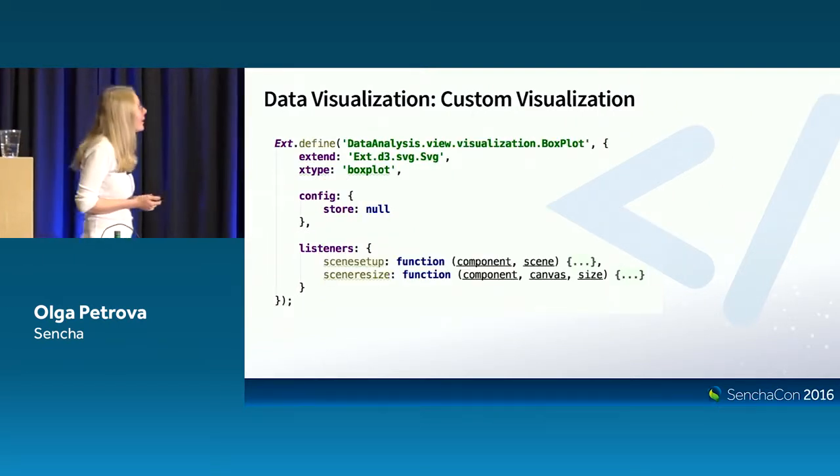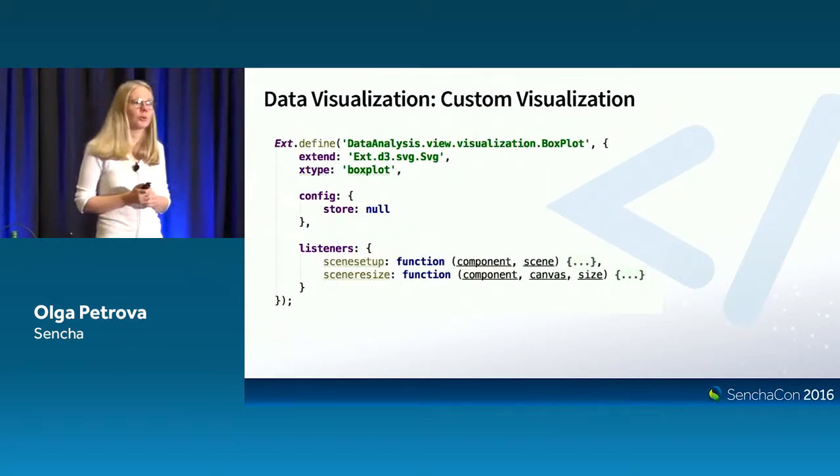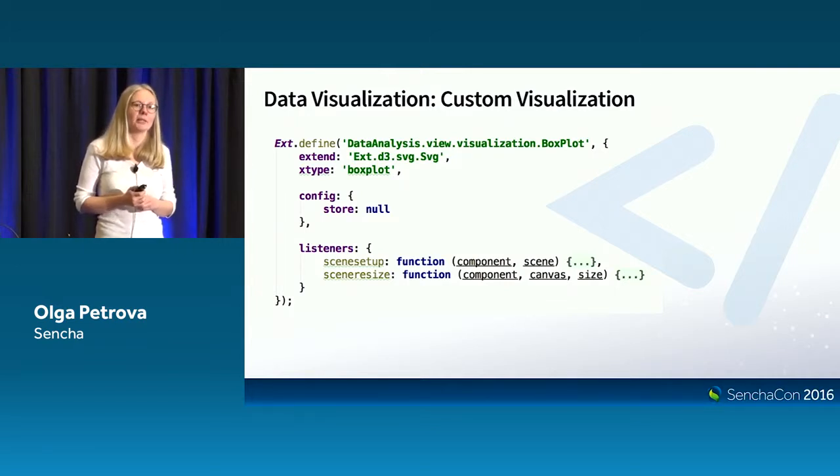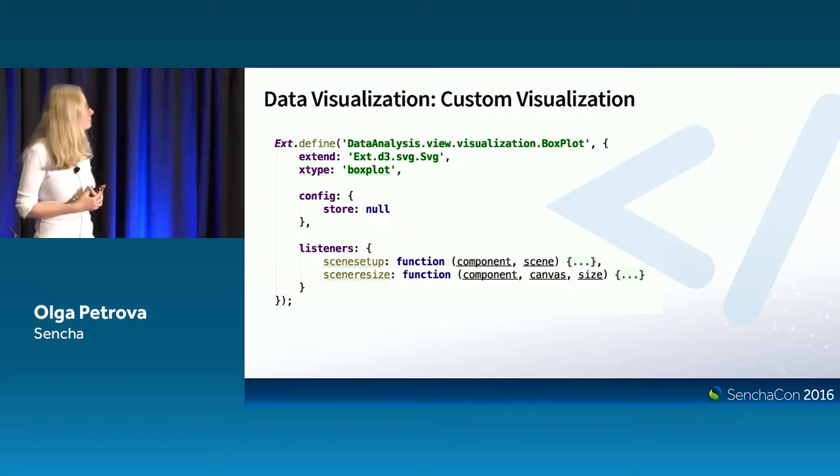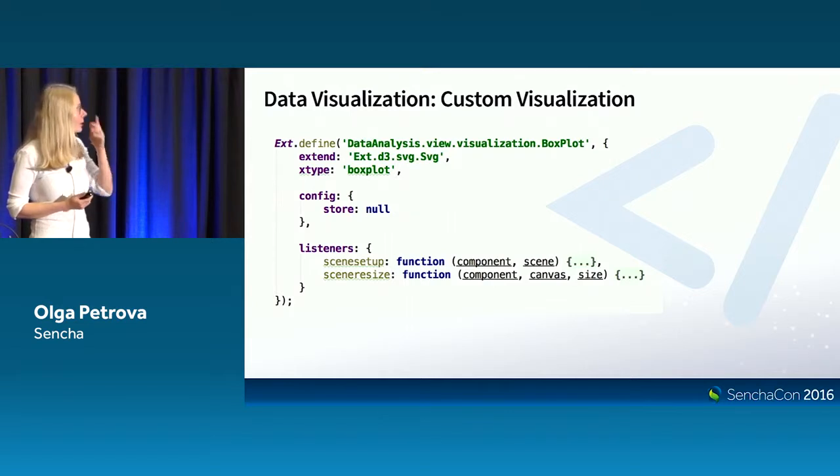Long path: developing your own custom visualization based on any example from the D3 JS sample gallery or any other example. There is an example of a box plot visualization from the D3 JS sample gallery.